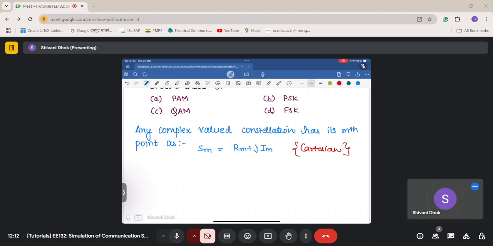And the same thing you can write as xm into e power j theta m, and this is in your polar form.